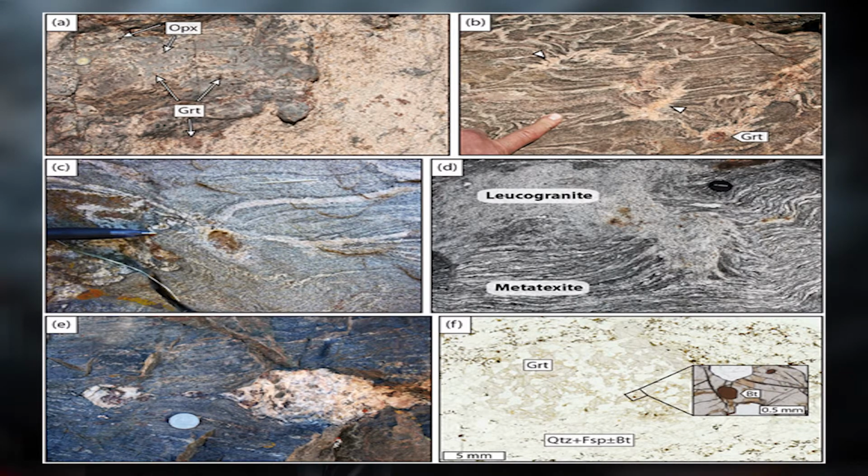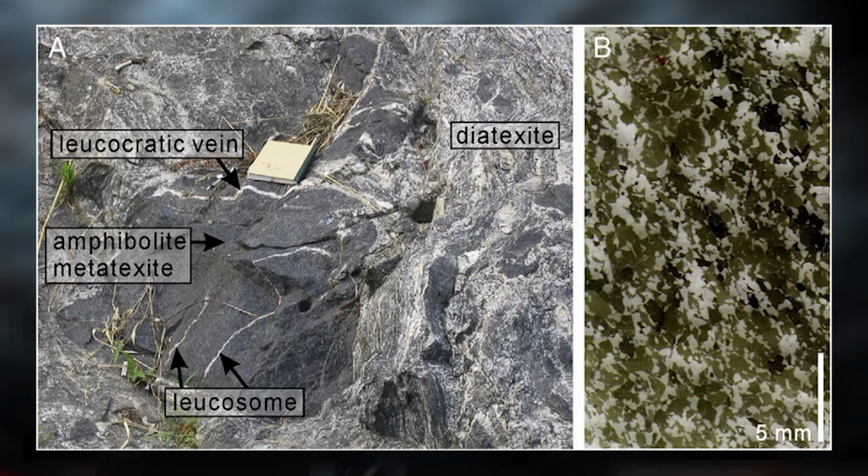If leucosome appears in layers parallel to the S surface and in veinlets, the migmatite is called diktyonite. When migmatites have discrete leucosome, as if anatexis was in the initial stage, such migmatites are called metatexite.